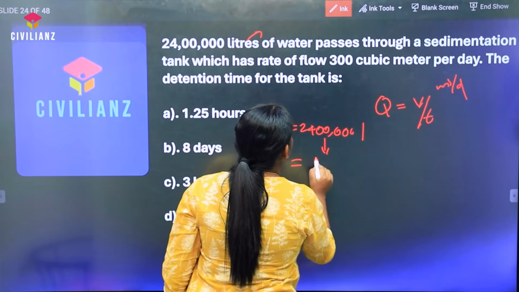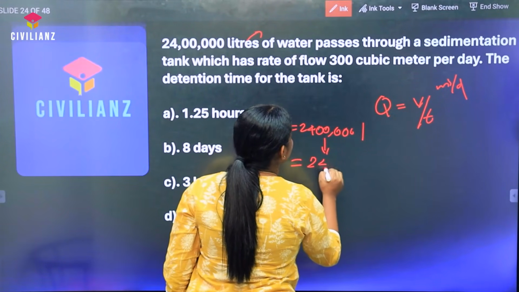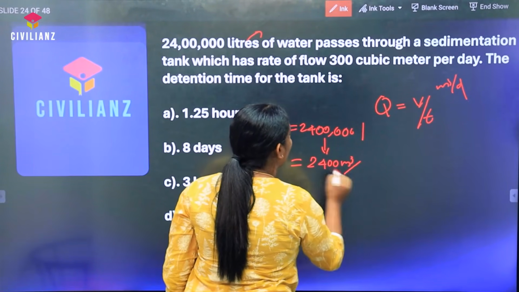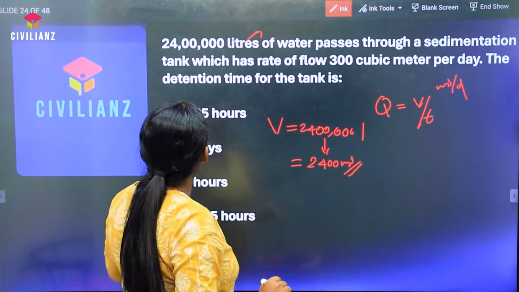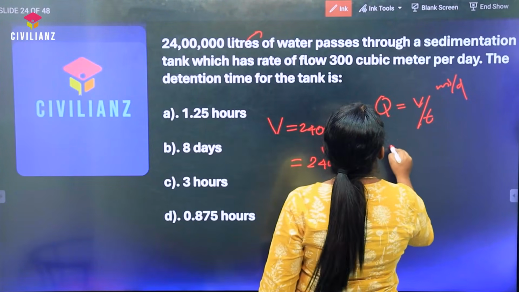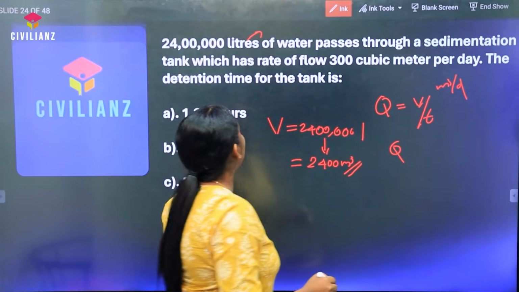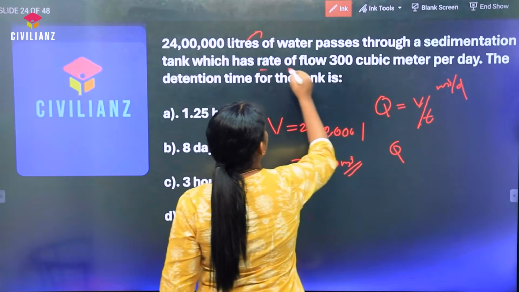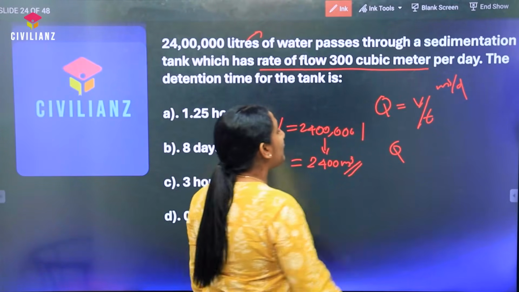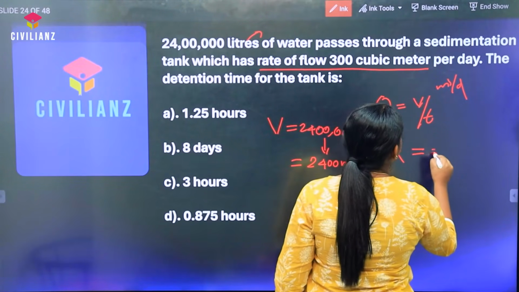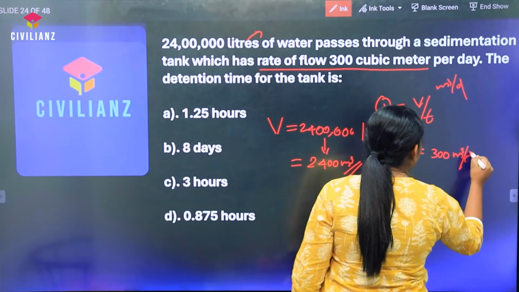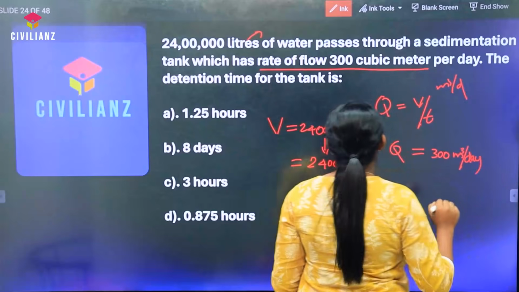We can write 2400 meter cube. And the Q value, discharge, the rate of flow through the sedimentation tank, is 300 meter cube per day.